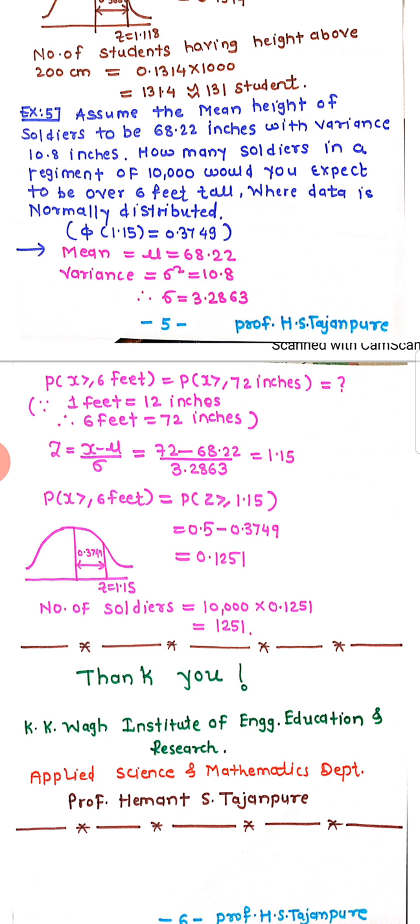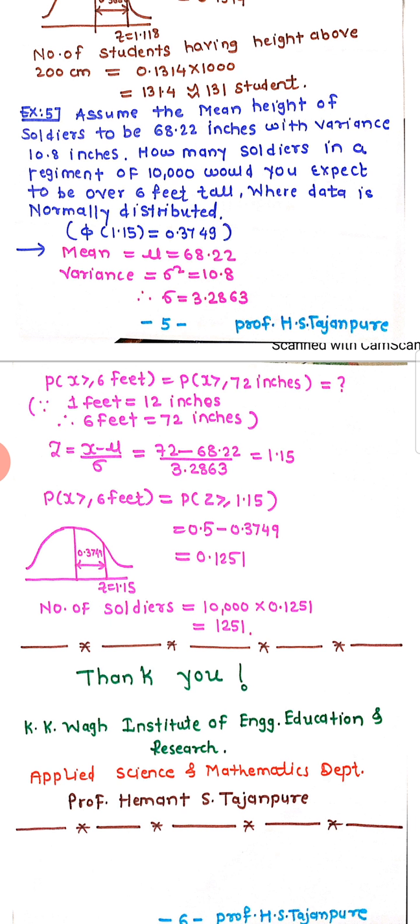How many soldiers in a regiment of 10,000 would you expect to be over 6 feet tall, where data is normally distributed? In brackets, area corresponding to 1.15 is given, which is equal to 0.3749.